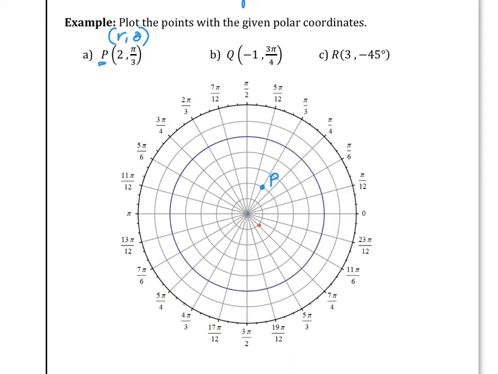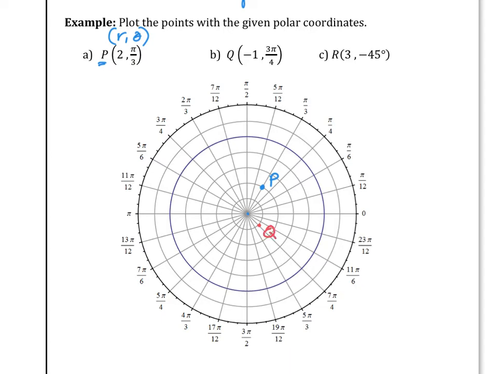So when we're at 3 pi over 4, this line here is positive r. Why is that? Because 3 pi over 4 would line up with the positive r direction, right? Because if we start counting from here, this is all positive r. So by the time we get to 3 pi over 4, this is still positive r. So if we want to go -1, we would go in the opposite direction, -1.